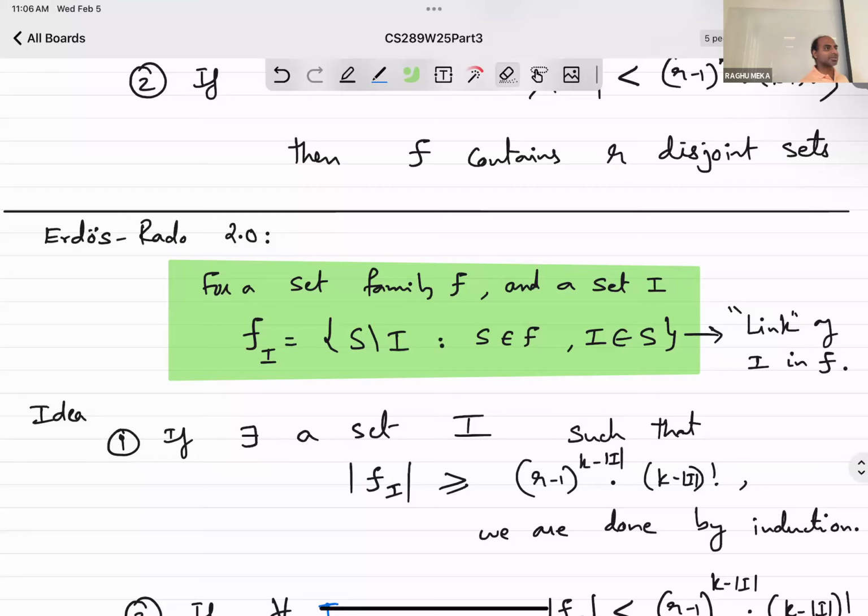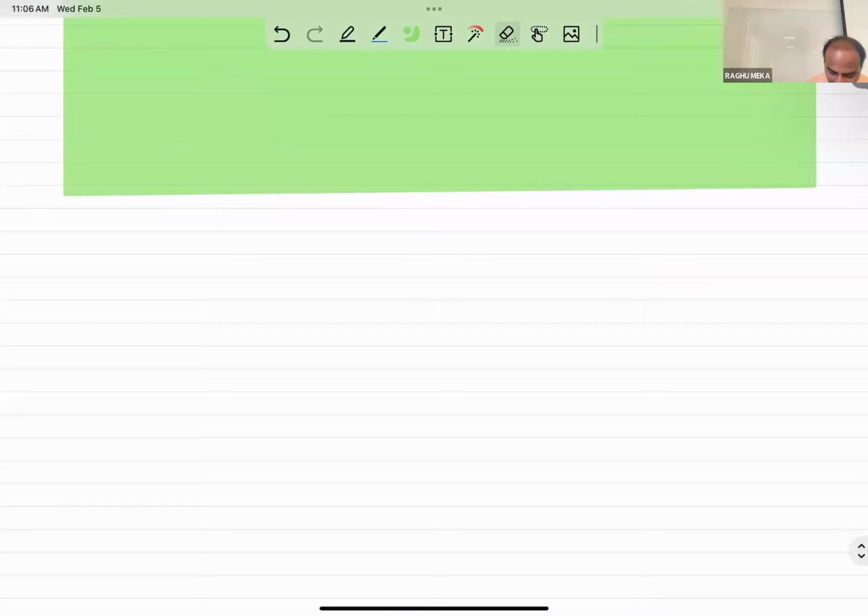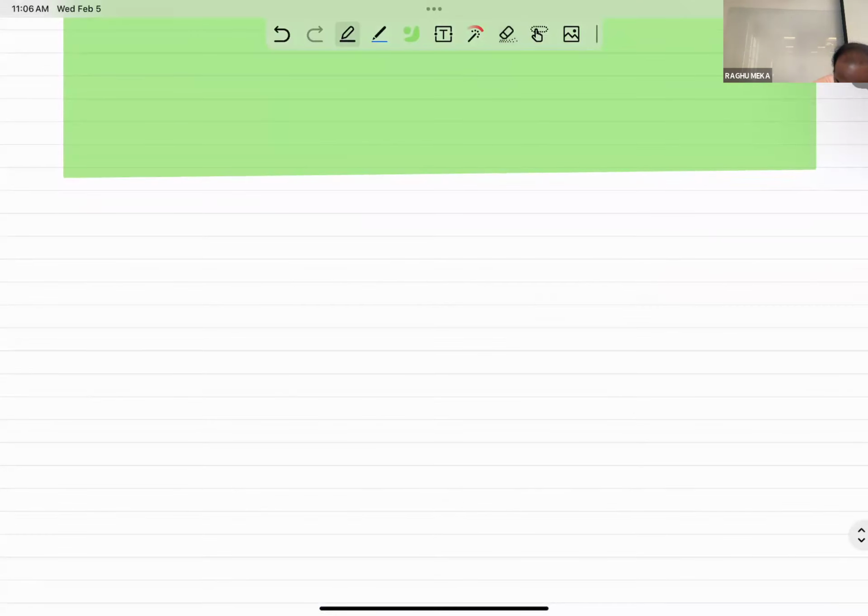That's the hypothesis. So what is the hypothesis? For every I, there's some quantitative bound that we want to say is small, right? Somehow, compared to the size of the family, the size of the link is very small.